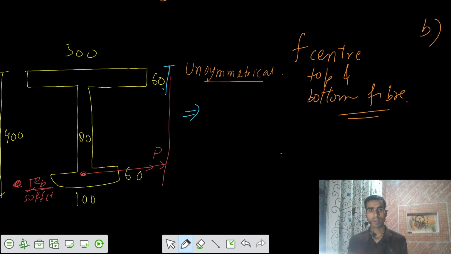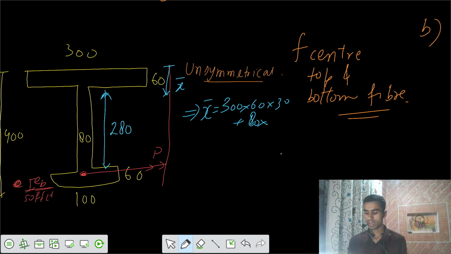If I calculate it from the top, your x bar would be 300 into 60 into 30, plus the second area, 80 into, what is this dimension? If the total is 400, is it 280?